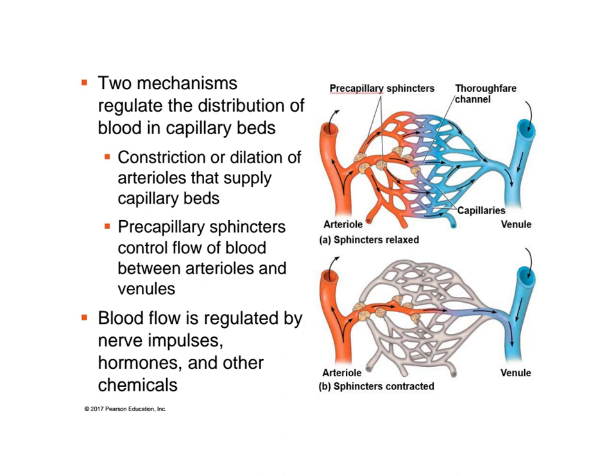There are also precapillary sphincters. These are, again, smooth muscle, and they control blood flow between the arterioles and the venules. So let's see if we can see a picture of this here. We have the precapillary sphincters here.